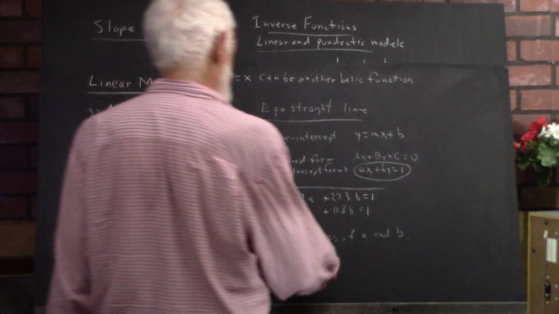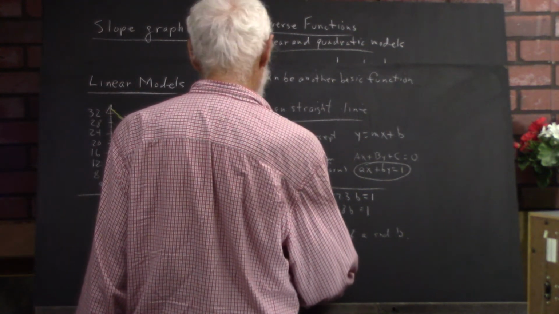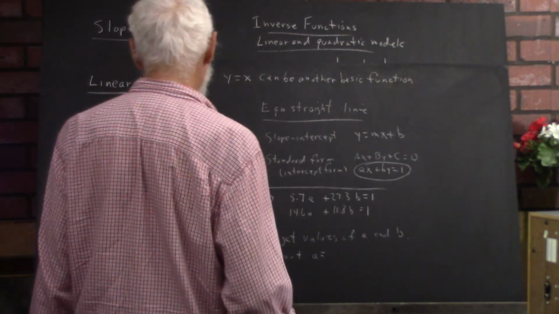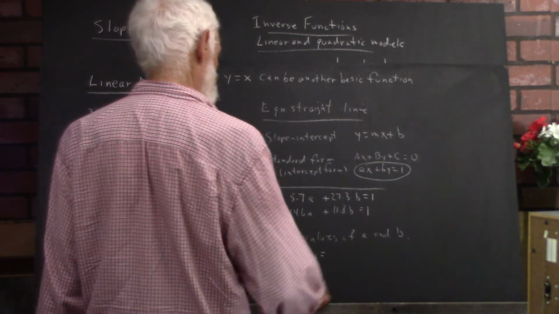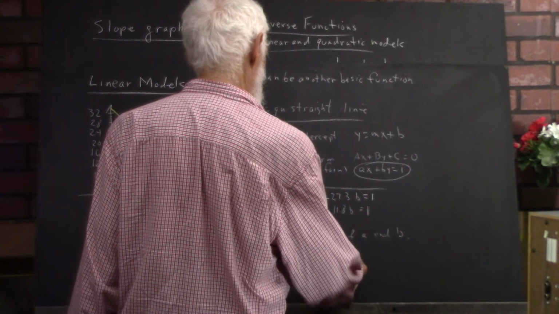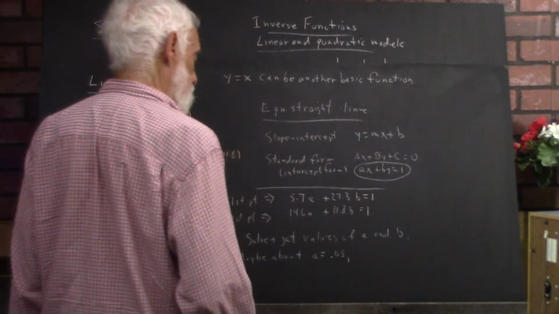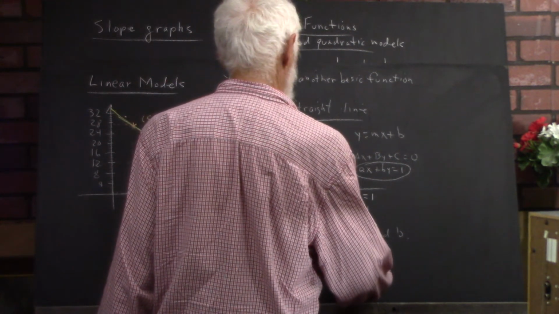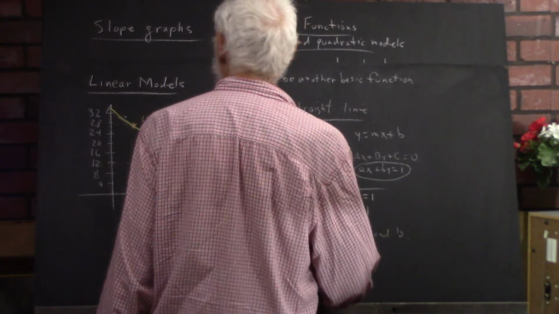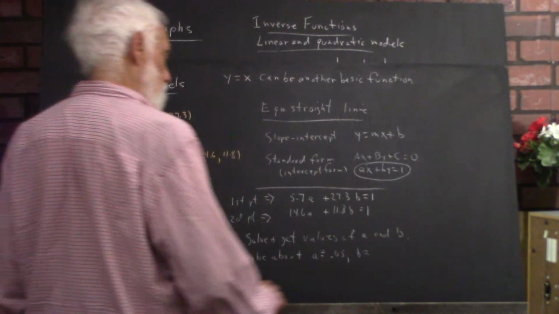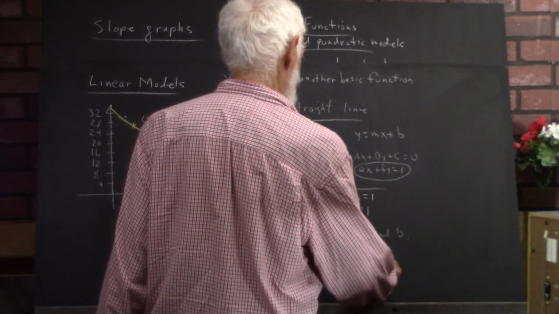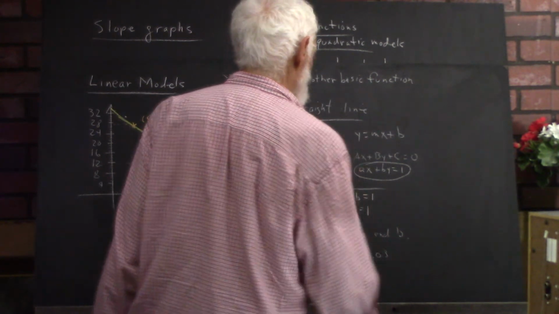Maybe about A equals, and I'm not going to bother explaining how I get this, 0.05. B approximately equal to about 0.03.